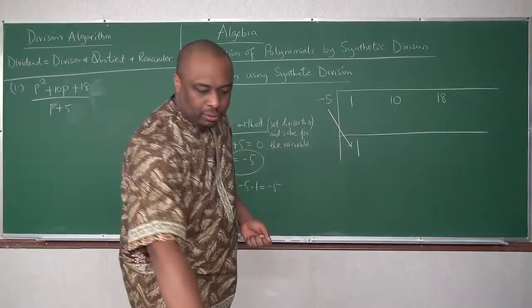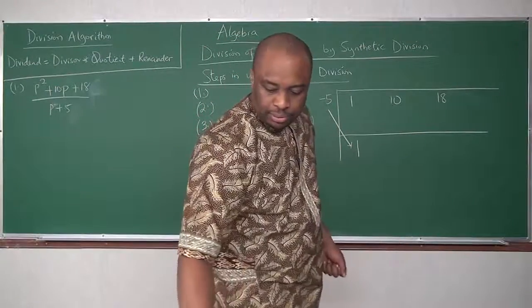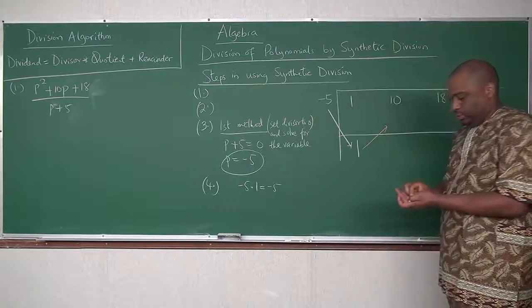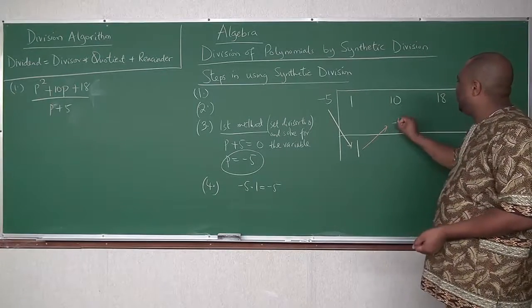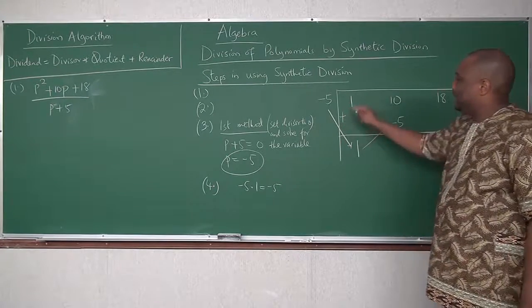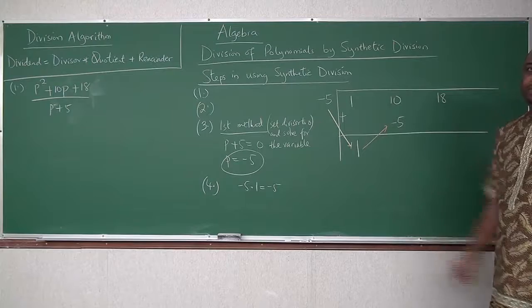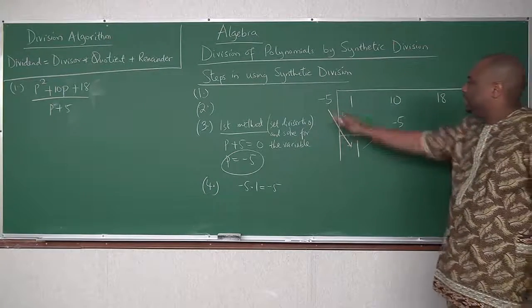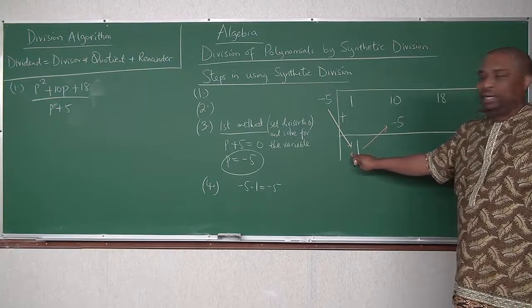You now write the -5 here, and you put an addition sign here so you know that this is addition.